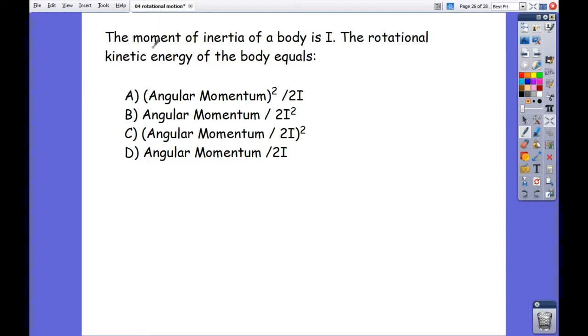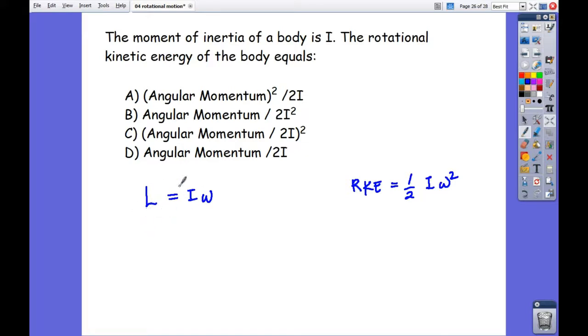This question: the moment of inertia of a body is I, the rotational kinetic energy of the body equals to? As we know, angular momentum is I omega, and rotational kinetic energy is half I omega squared. So we can do it like this.